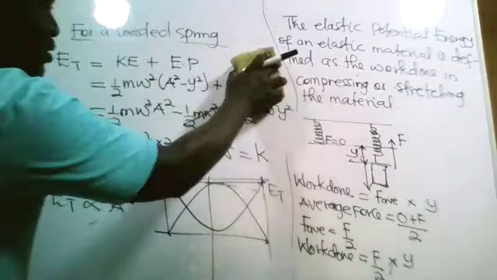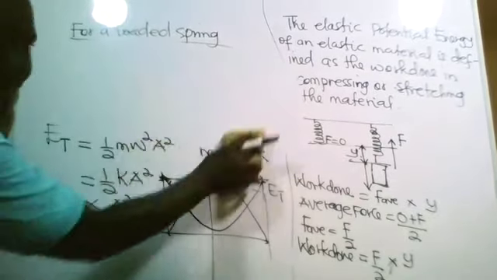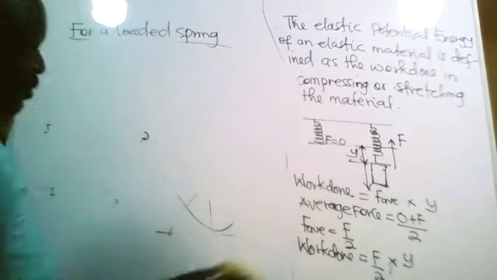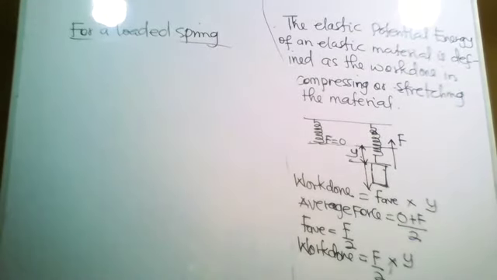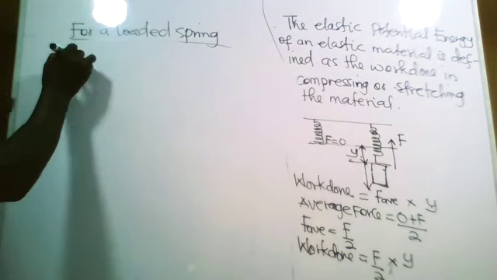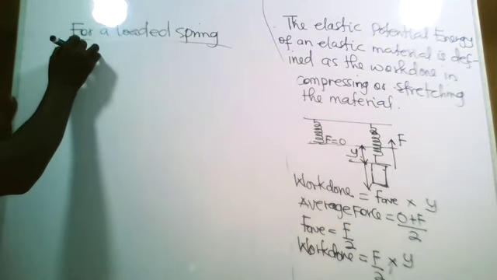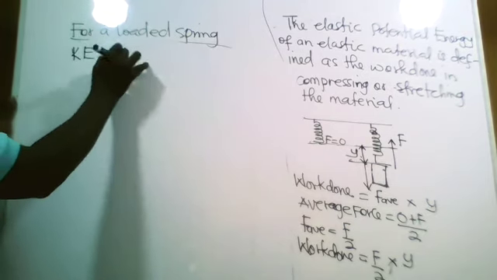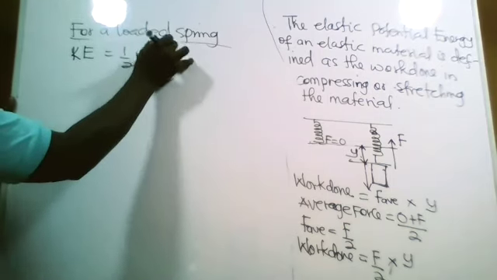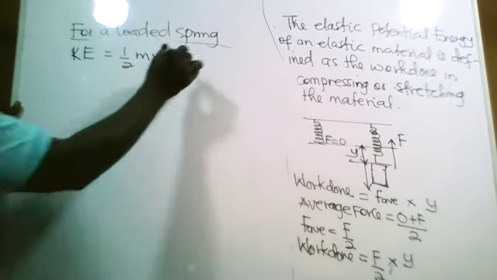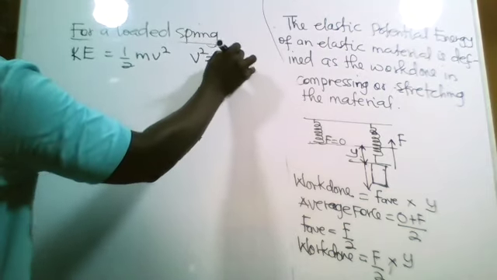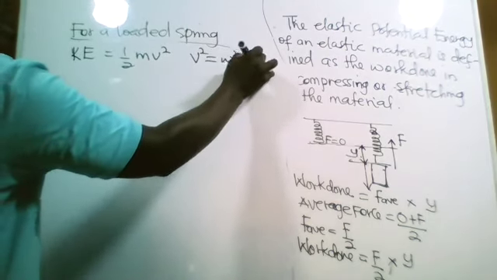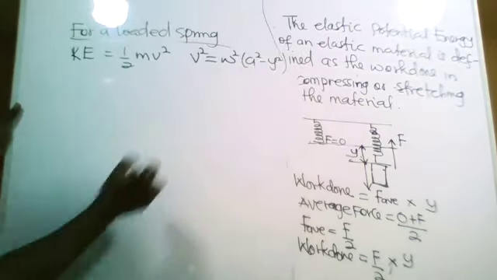So we've learned three things. The first one is that for a simple pendulum, its kinetic energy is still half mv squared, but don't lose sight of the fact that v squared is equal to omega squared (a squared minus y squared).